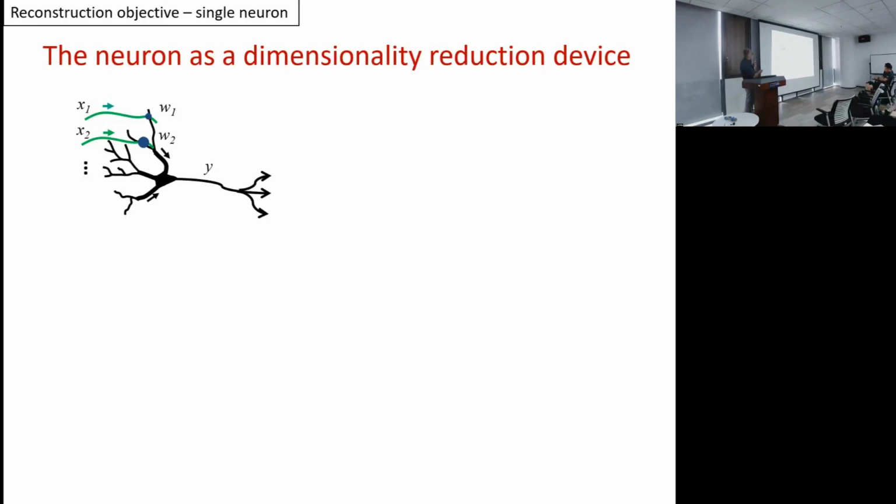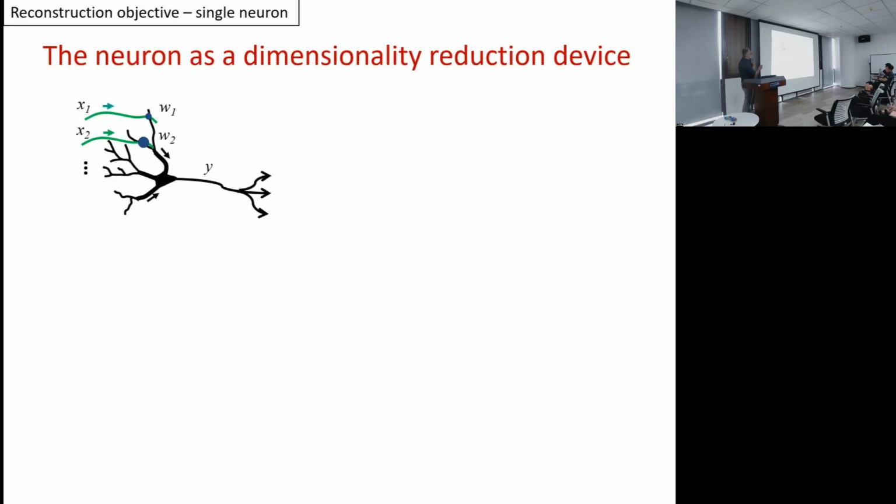We kind of know that it can get thousands or tens of thousands of inputs, and it sums them up with certain weights that are determined by the synapses that those inputs go through. But after the summation, the output is a scalar, a single number at any given time point. And that scalar is being sent out to thousands or tens of thousands of downstream neurons, okay?